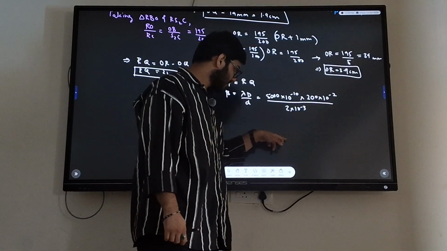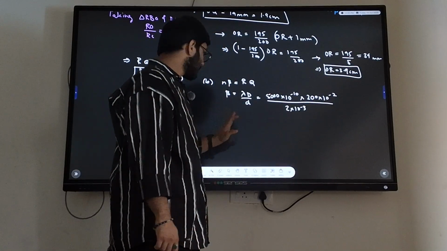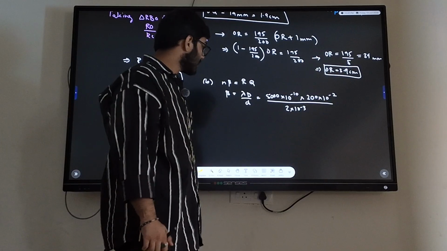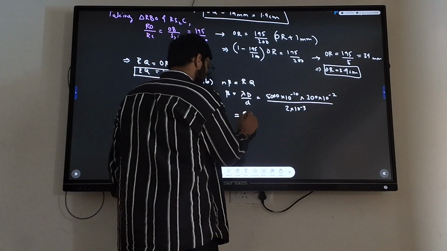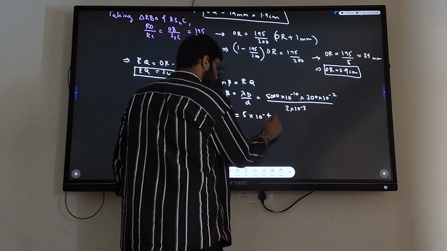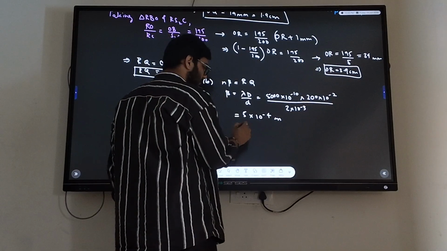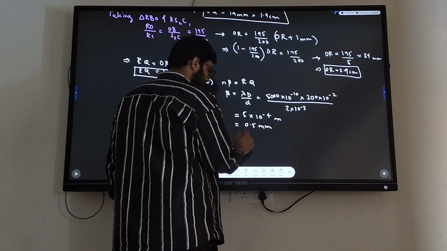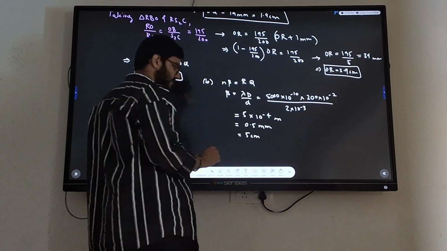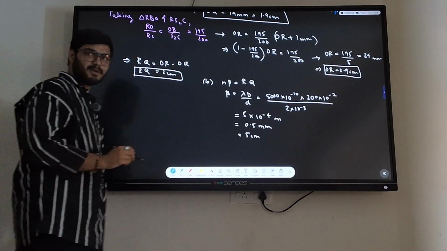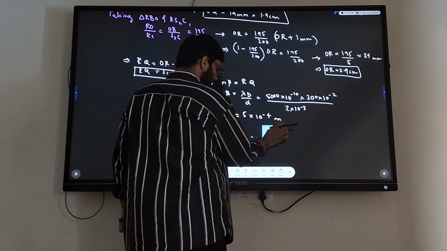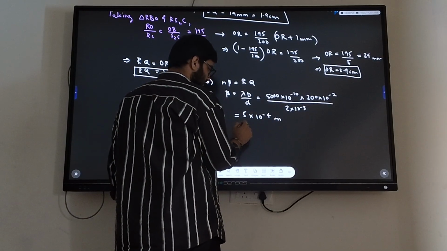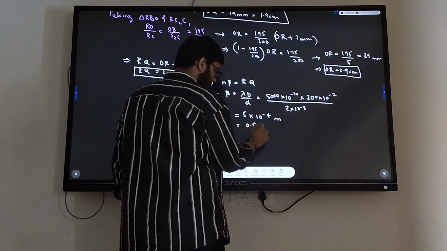Power minus 7, so 5 into 10 to the power of minus 4 meters. Is that 0.5 millimeter, or maybe I can write 5 centimeter? No, wait, this can be written as 0.5 millimeter.